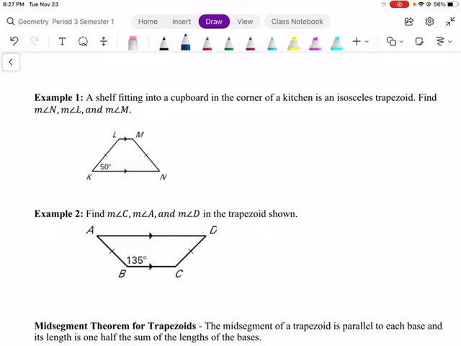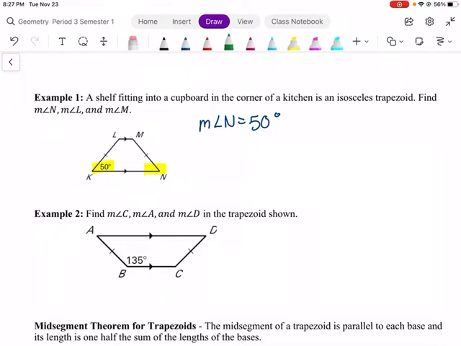Example 1. A shelf fitting into a cupboard in a corner of a kitchen is an isosceles trapezoid. Find the measure of angle N and the measure of angle L and M. So this is an isosceles trapezoid, so we know this pair of base angles are congruent to each other, which tells us that the measure of angle N is also equal to 50 degrees.